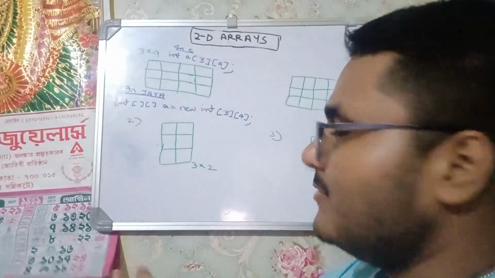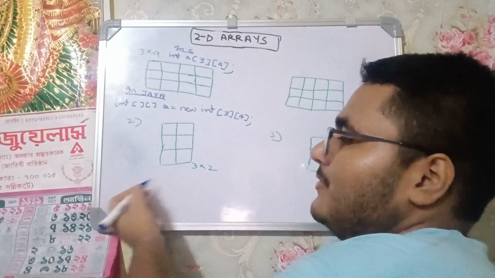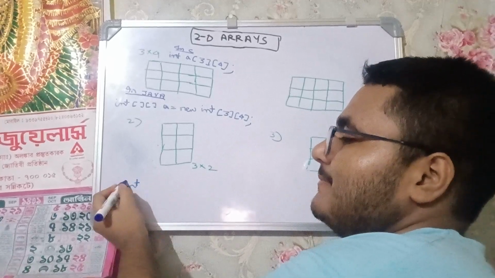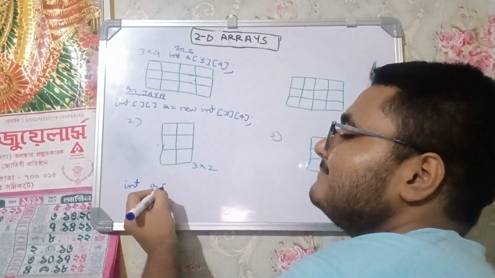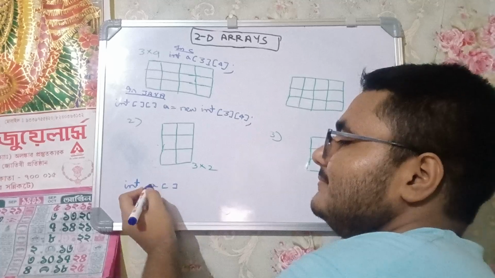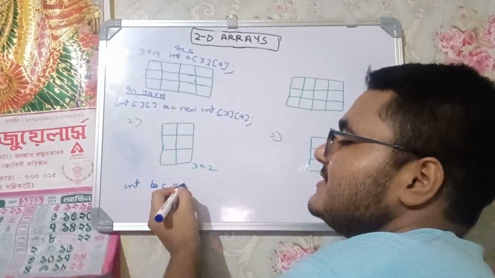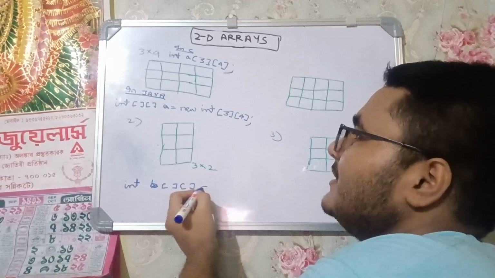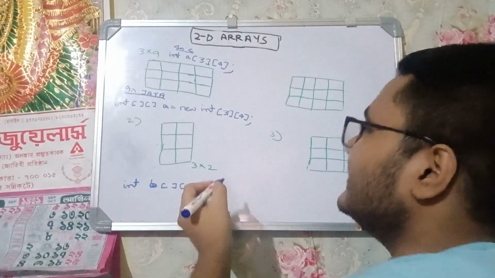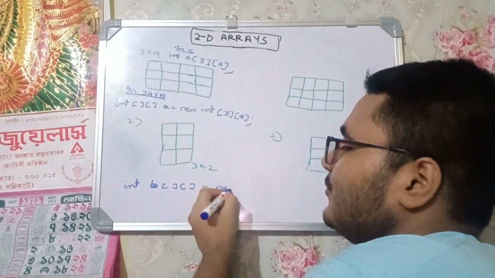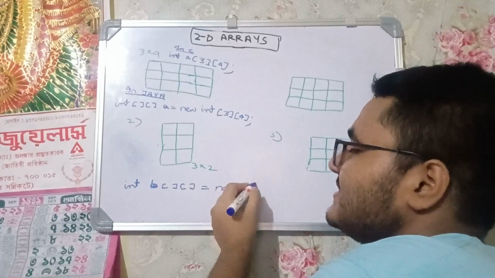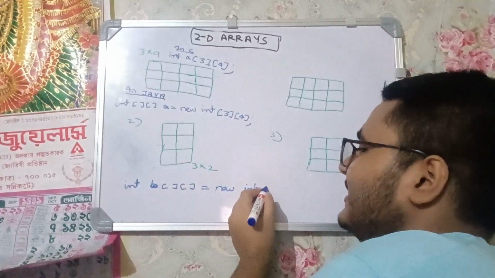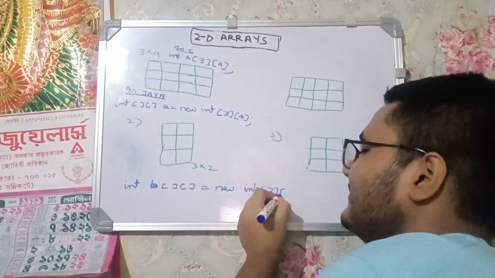Let us come to question number 2. So again, say some data type, then A, I am taking B for this now, is equal to new int[3][2].